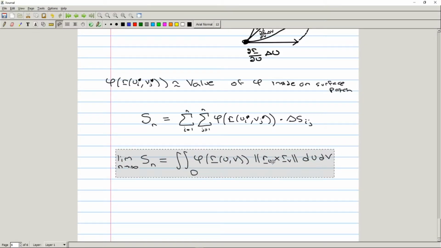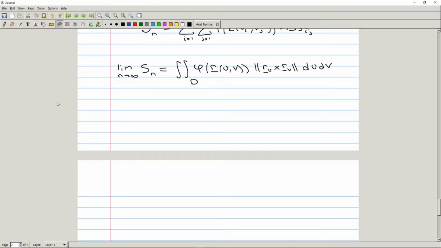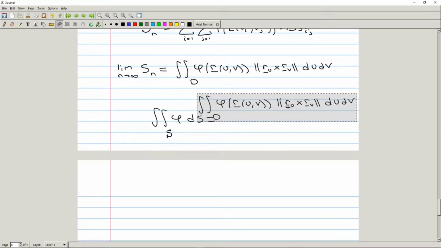And this is what we call the surface integral of the scalar function phi. So the surface integral of a function phi is exactly equal to this double integral right here.